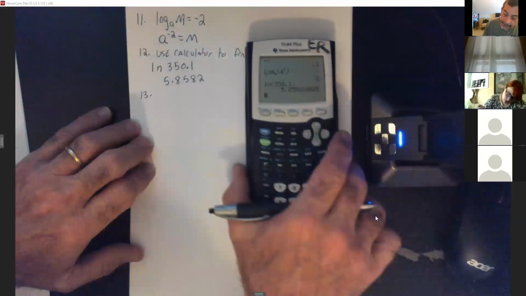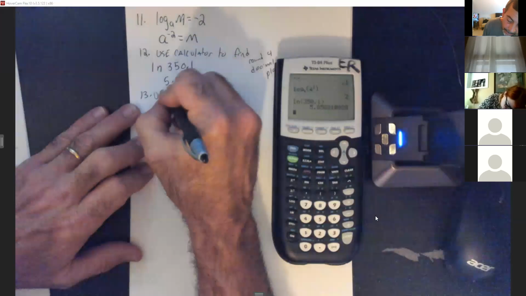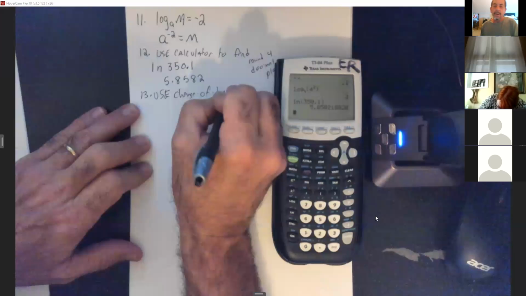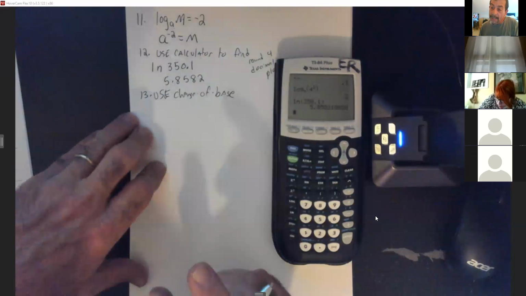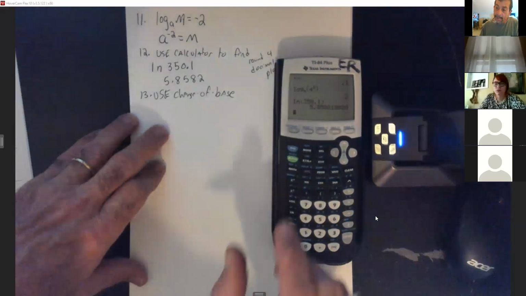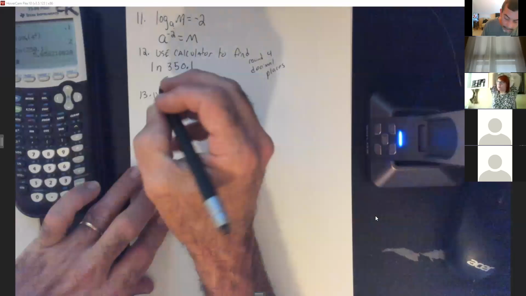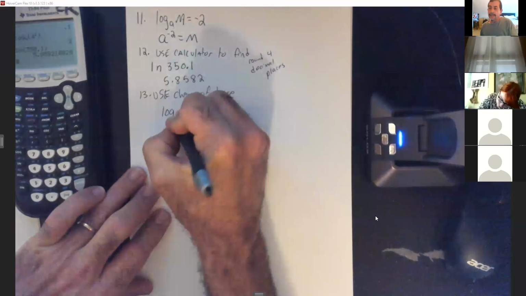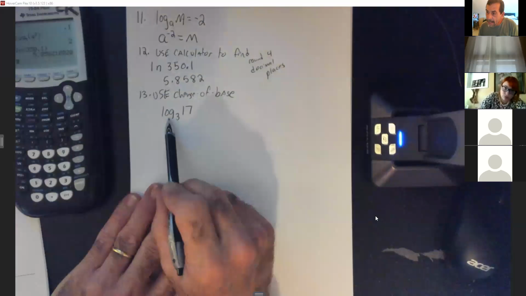All right, y'all, this one says use change of base. So change of base came about before they gave us that log base feature in the calculator. So if you got the log base, use the log base, okay? But change of base for 13, we got a log base 3 of 17. Because remember, I got people that couldn't do the log base on their calculators.